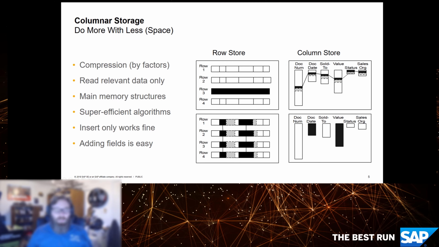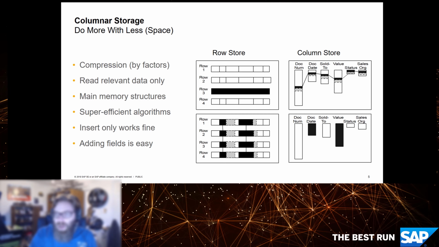Now, we talked for a moment earlier about column store. And this is a major difference with HANA. Almost all the data in a HANA system is stored columnar. Now, you first have to understand traditional databases store data in a row store. And that means that in a table you might have multiple columns.